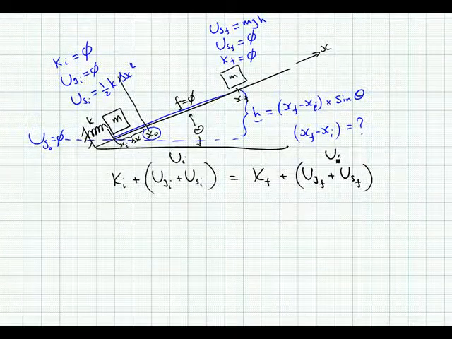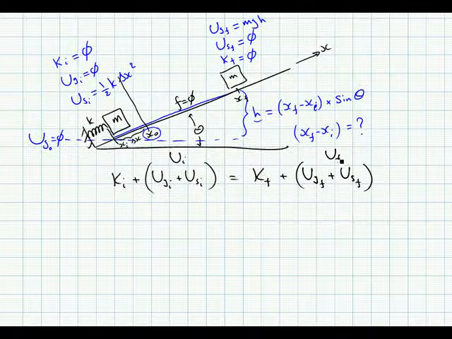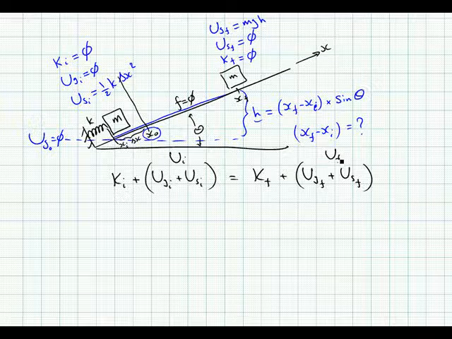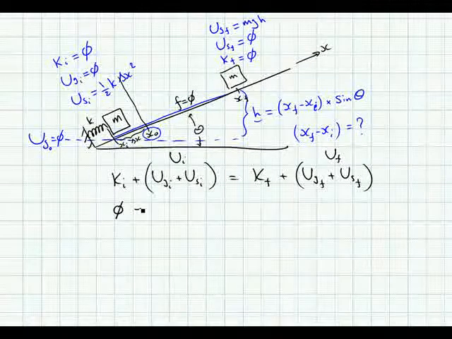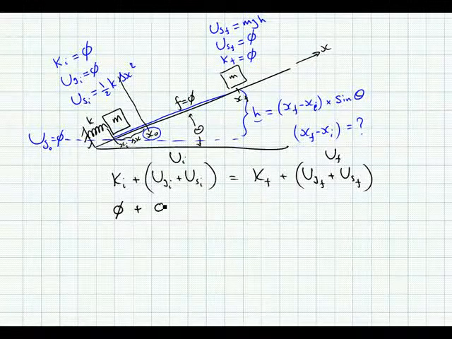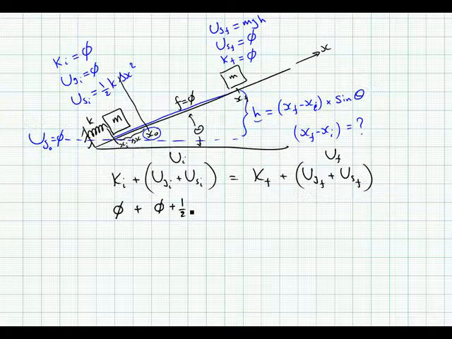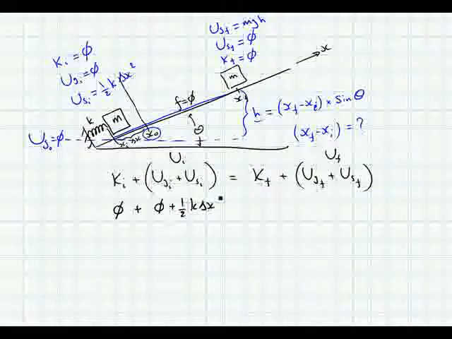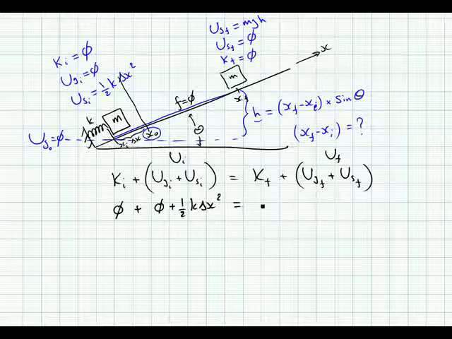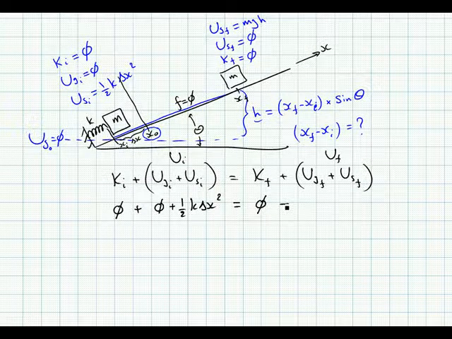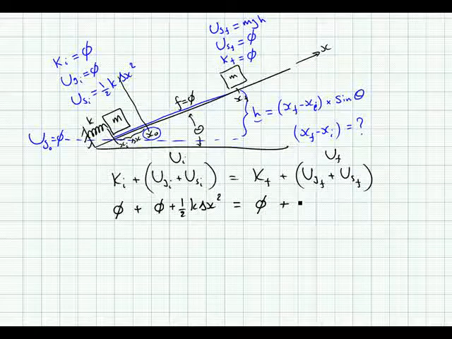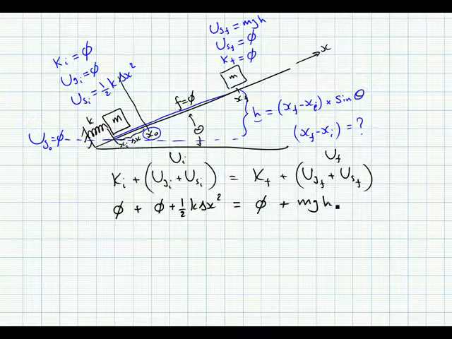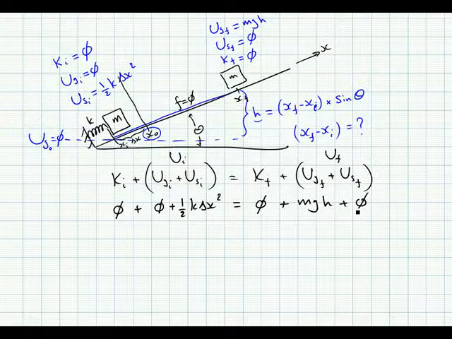So this is our final potential energy. Putting in our numbers, we have 0 plus 0 plus 1/2 of k delta x squared is equal to 0 plus mgh plus 0.